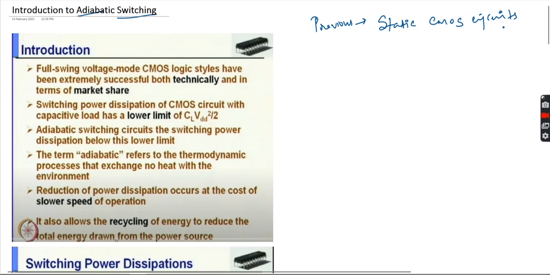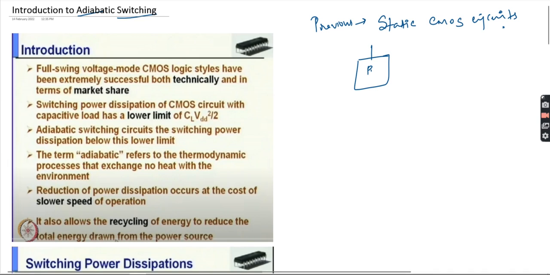As a consequence, the output node in the static circuits makes a transition from 0 to VDD with the load capacitance, CL. You might have seen the circuit like this.